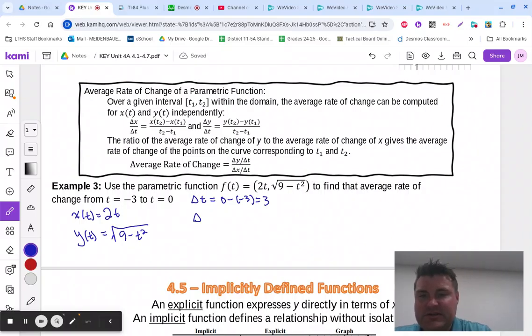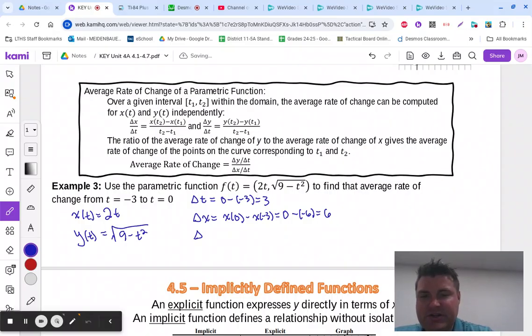If I do change in x, that's just going to be x of 0 minus x of negative 3. If I were to plug in a 0, I would get 0. If I were to plug in a negative 3, I would get negative 6. So that's going to give me a 6.